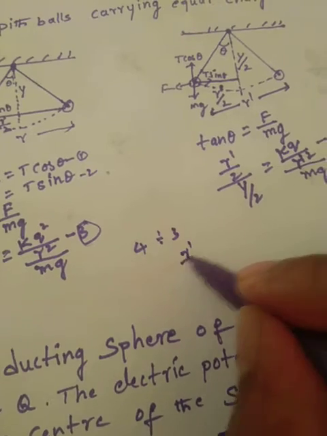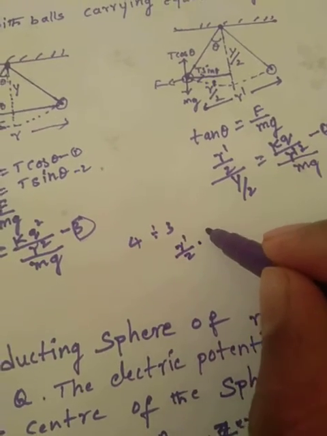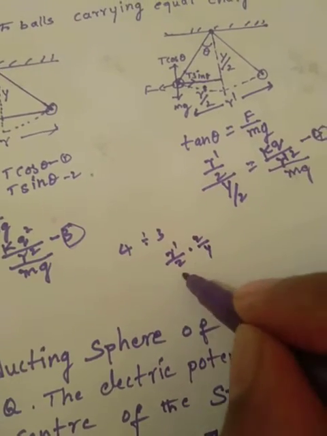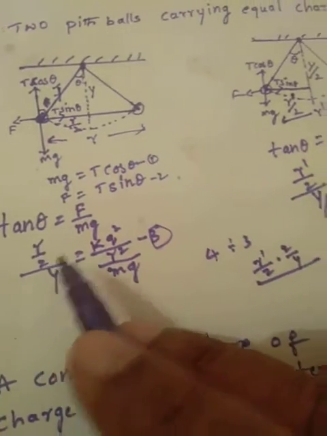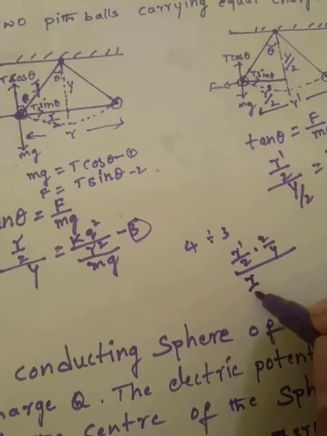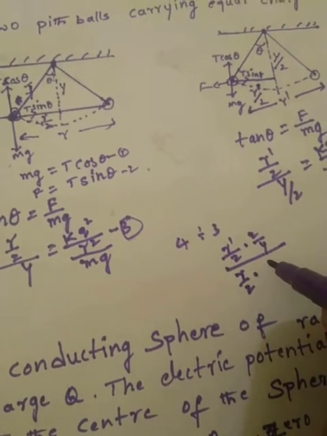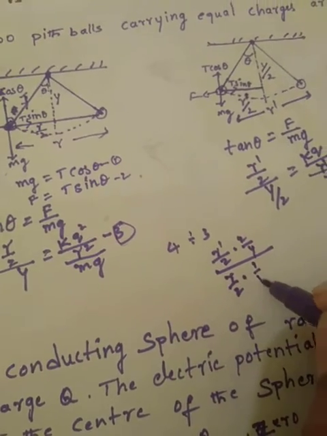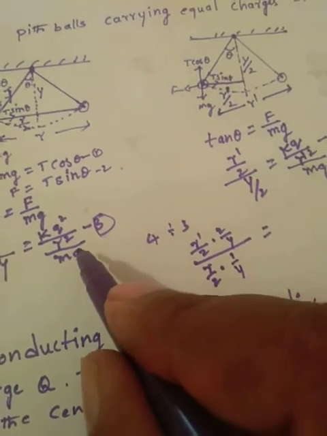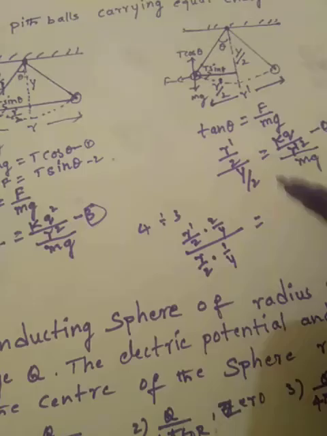So r dash by 2, and in a simple manner I can write it as 2 by y, all divided by, in equation 1, r by 2, it is y, it means it is 1 by y. Then that is equal to, on the right hand side everything will get cancelled. mg will get cancelled, k q square will get cancelled.